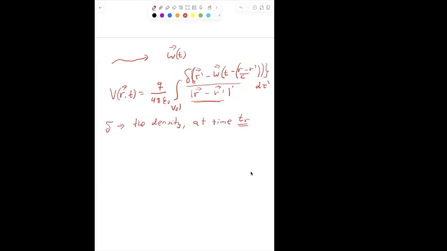I just plugged in here the definition of the retarded time. What I wrote here is a delta function of r' minus w(t_r), multiplied by Q. That is simply ρ. This is the basic rule that we had roughly 1 hour ago on our board. We need to integrate it over all space. Is this equation clear?